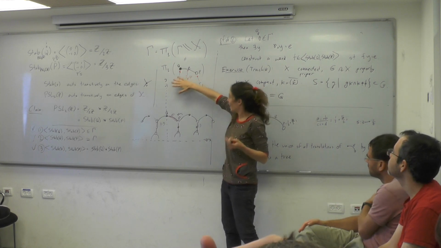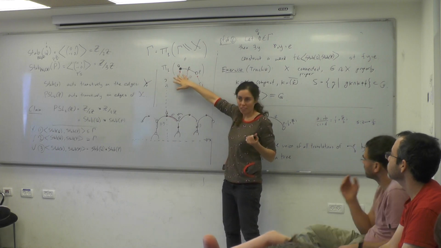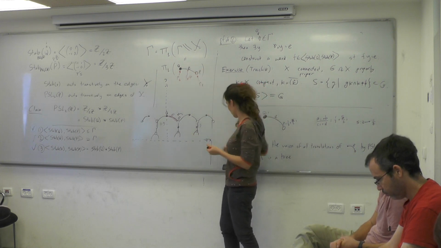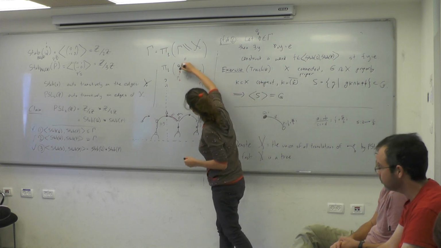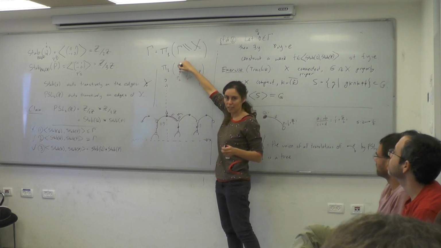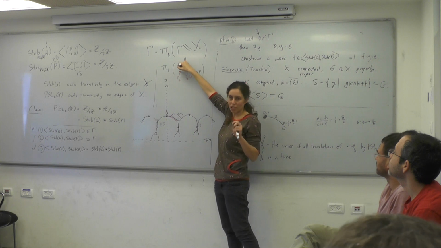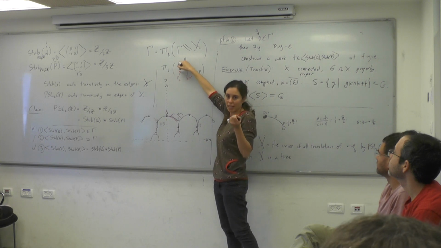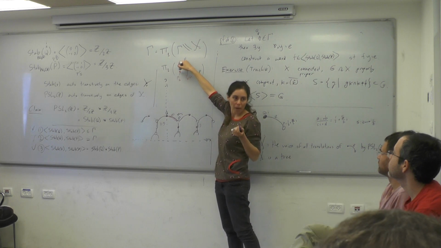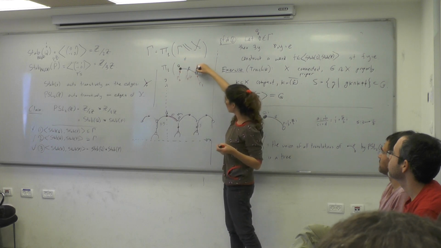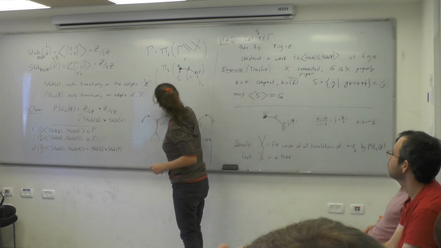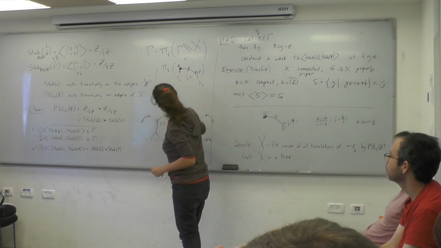But a pi 1 of a graph of groups means that whenever you travel, you take a base point, say this was your base point, and then you start traveling, and whenever you meet a vertex to which there is a group attached, you are allowed also to take a letter from this group. So how does an element g in pi 1 look like?